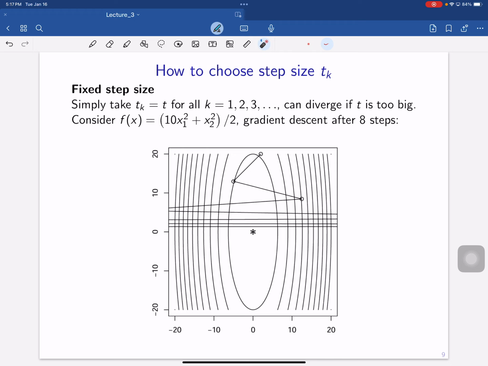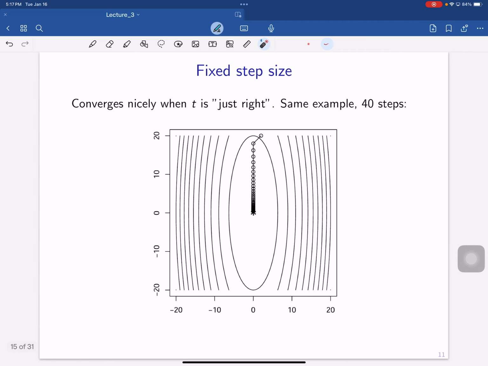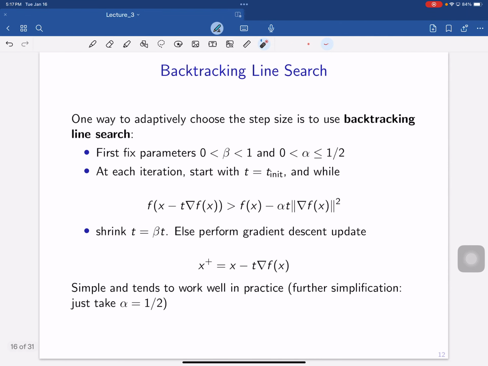Maybe in practical applications, you have the same order of magnitude. That could be the case, okay? But maybe the explanation is wrong. Maybe some of the audience have a better explanation. Yeah, so when the t is just right, you can converge in 40 steps. So that's a fixed step size strategy.